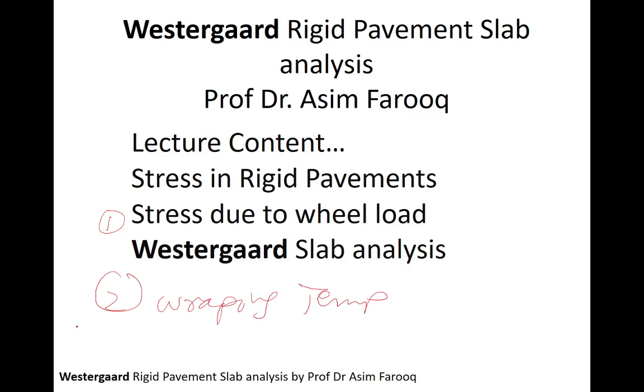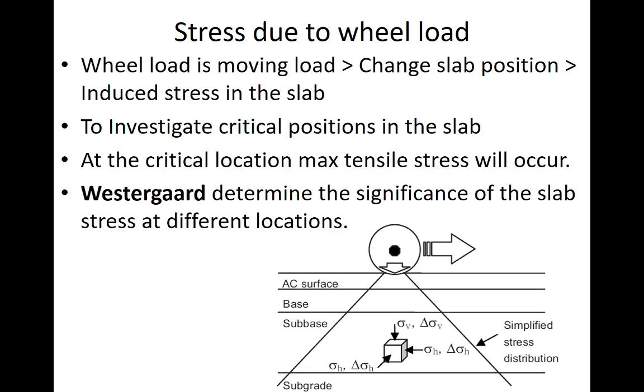This specific lecture is about stresses due to wheel load, and we will also try to understand how we can determine the stresses at different locations through Westergaard slab analysis. So stay tuned with us.